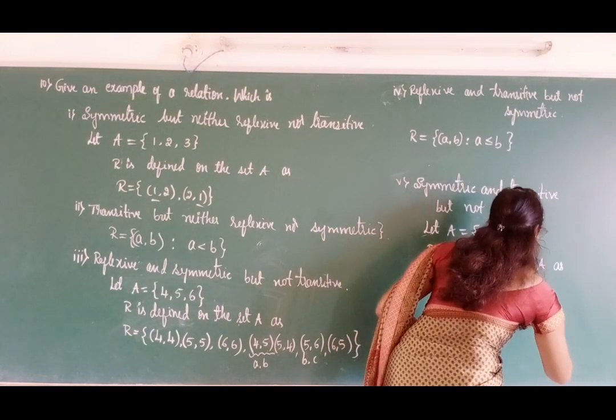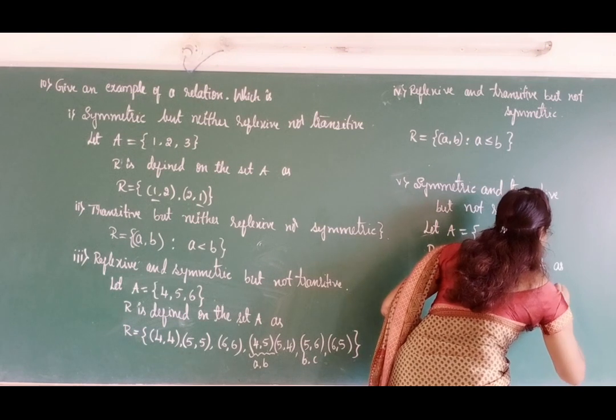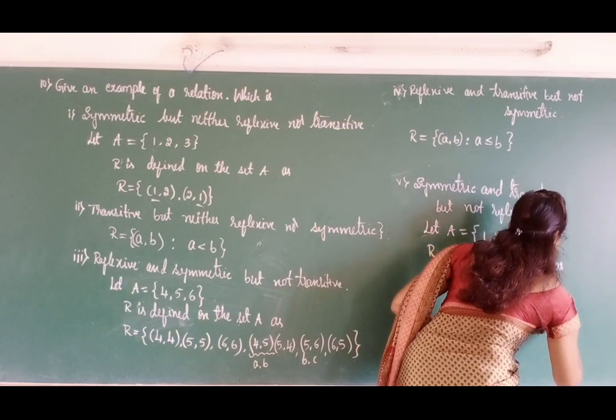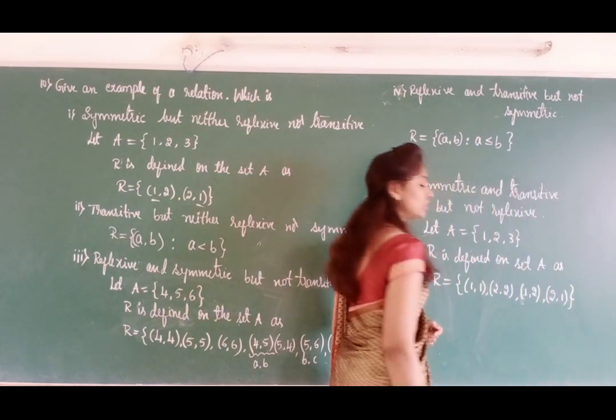Now I am taking the ordered pair (1, 2) and its reverse (2, 1).